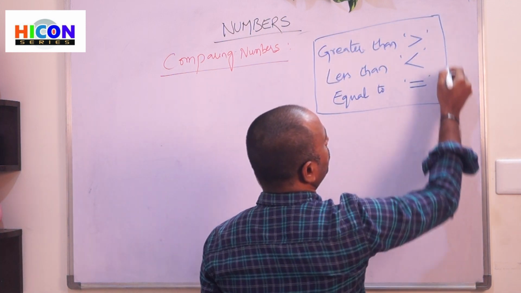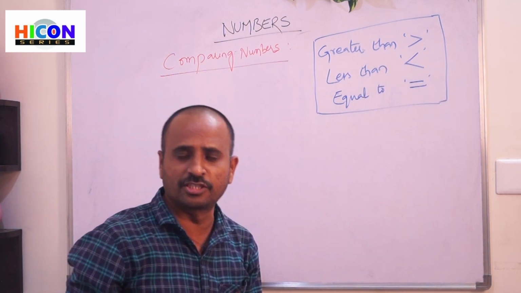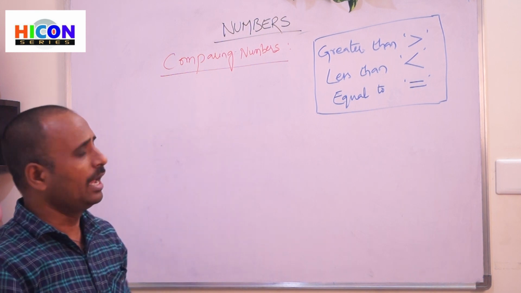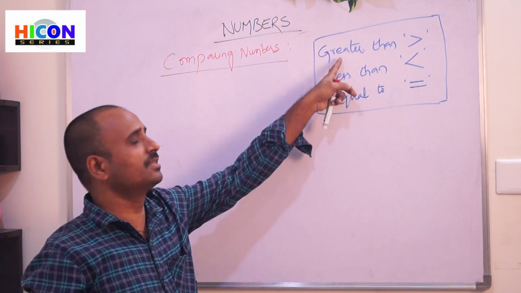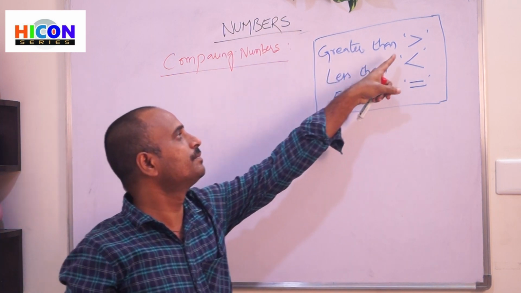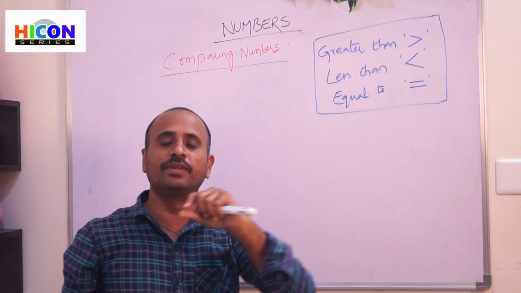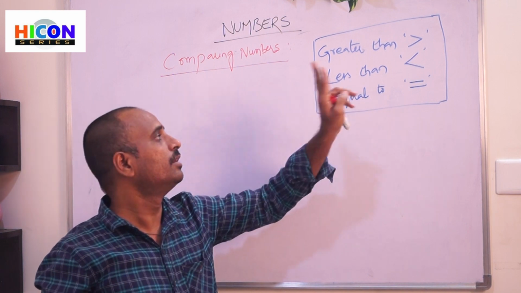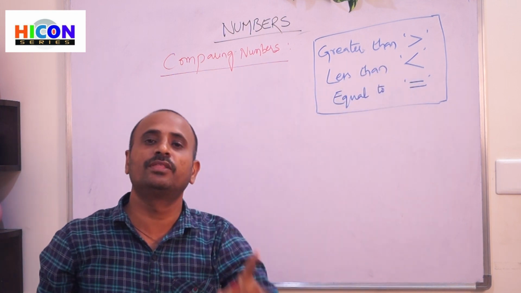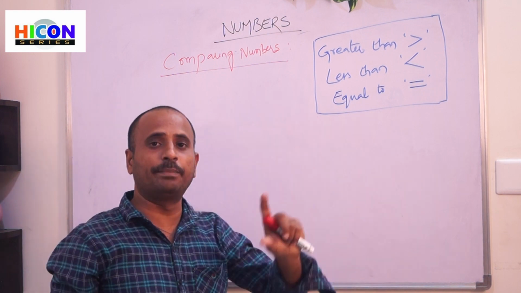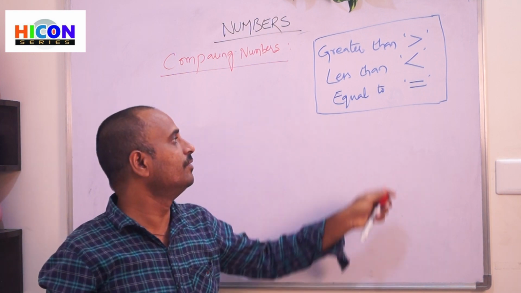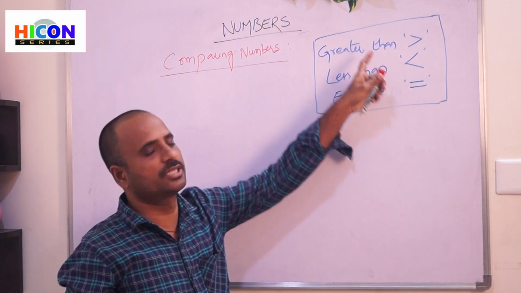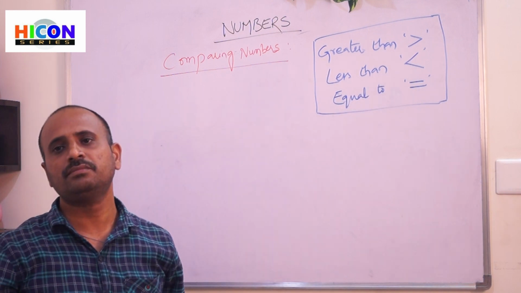For example, among two numbers, if the first number is greater, then we keep the greater than symbol in between them. If the first number is smaller, we put the less than symbol between the two numbers. If the two numbers are equal, we put the equal to symbol between them.